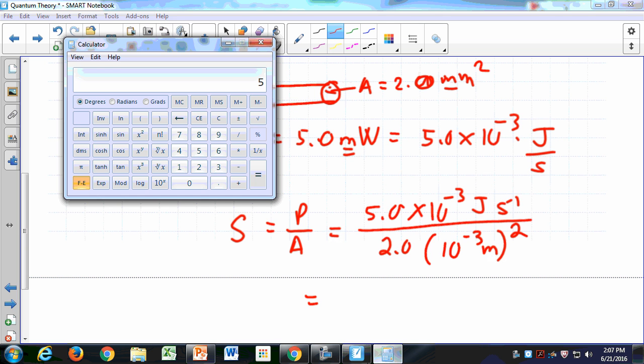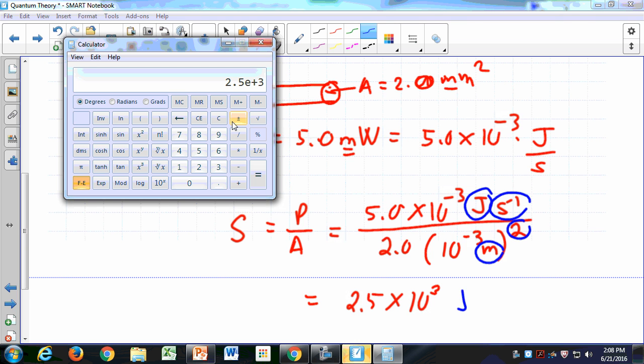We have 5 times 10 to the negative 3 divided by 2 times 10 to the negative 6, and that gives you 2.5 times 10 to the third. The unit here is joule per second per square meter.